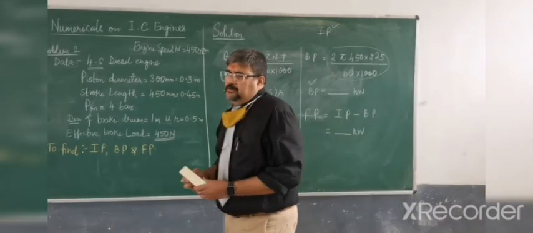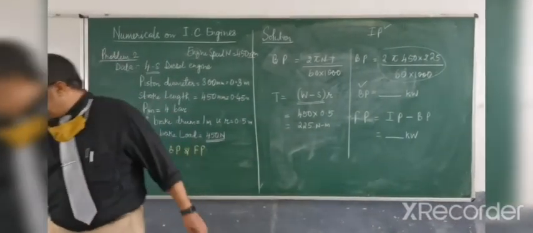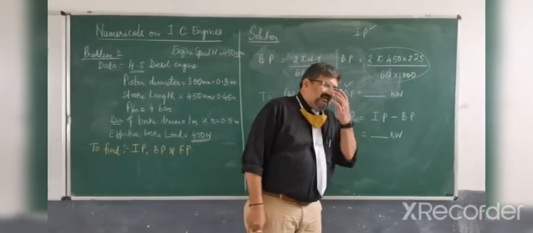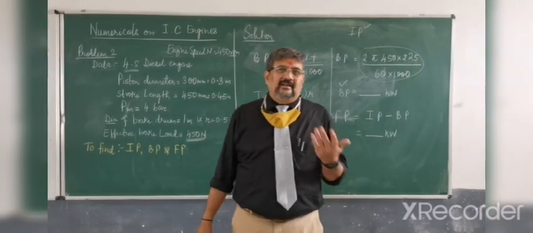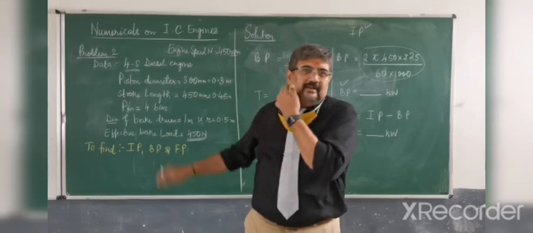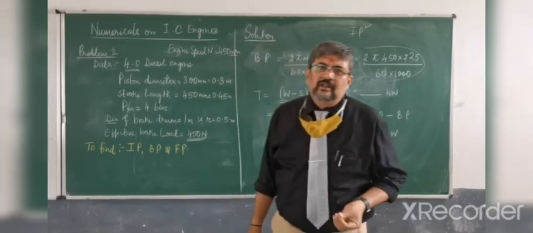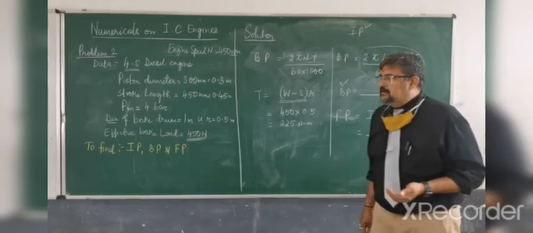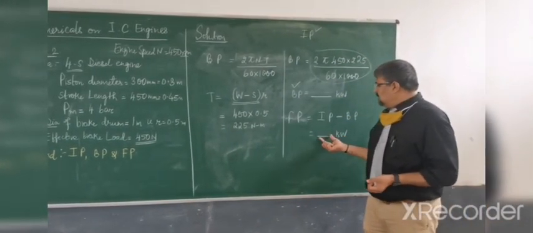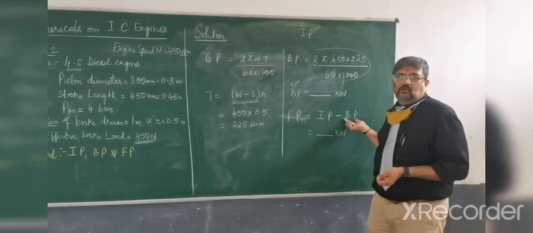Now you should also understand that this frictional power should not be too high. These are just general numericals, and people just give some values and you try to find out. But practically, if the frictional power value is high, it means that brake power is low.